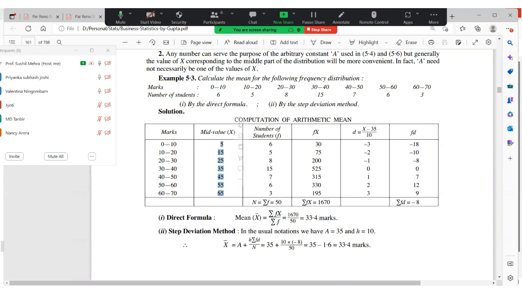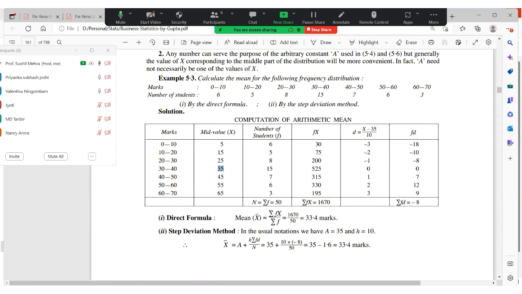All these variables differ by 10. Now find the centrally located value among these. That is 35.